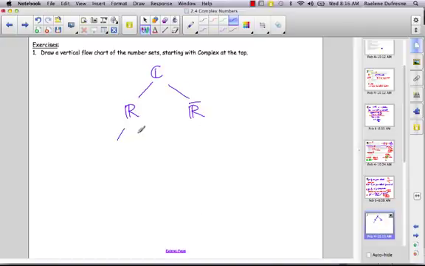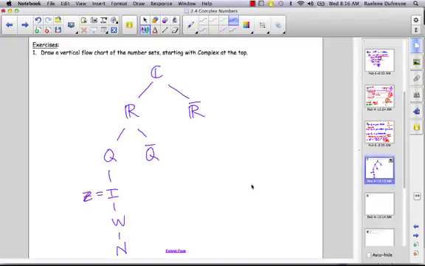The real numbers, however, are broken into the rational numbers and the irrational or not rational numbers. The irrational numbers stop here. The rational numbers then flow down into the integers, which is also given by this set name, and the integers flow into the whole numbers, and the whole numbers flow into the natural numbers.